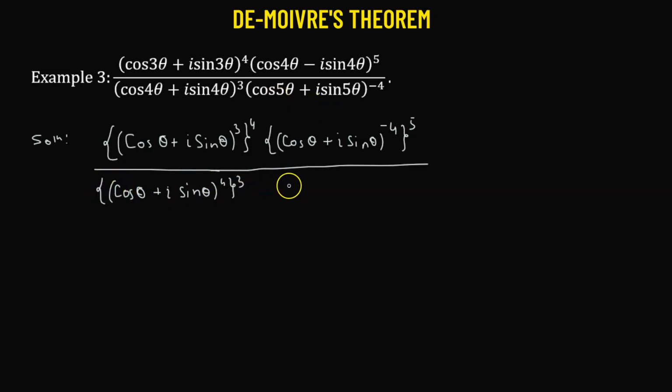And for the second expression, we have cosine of theta plus iota times sine theta.